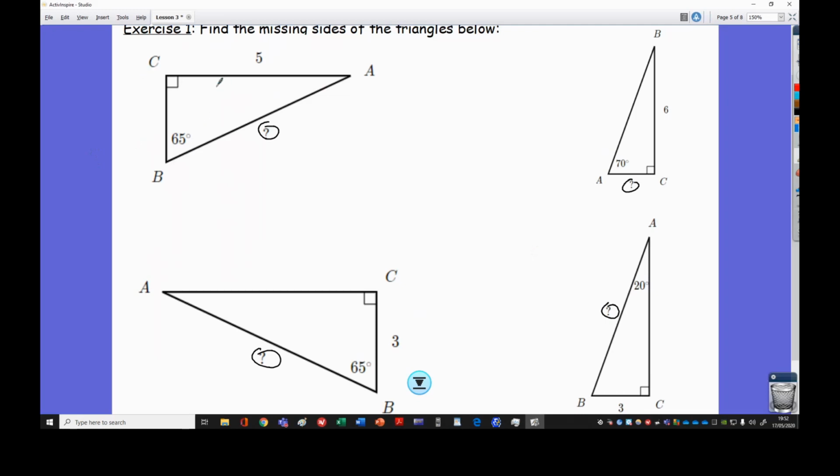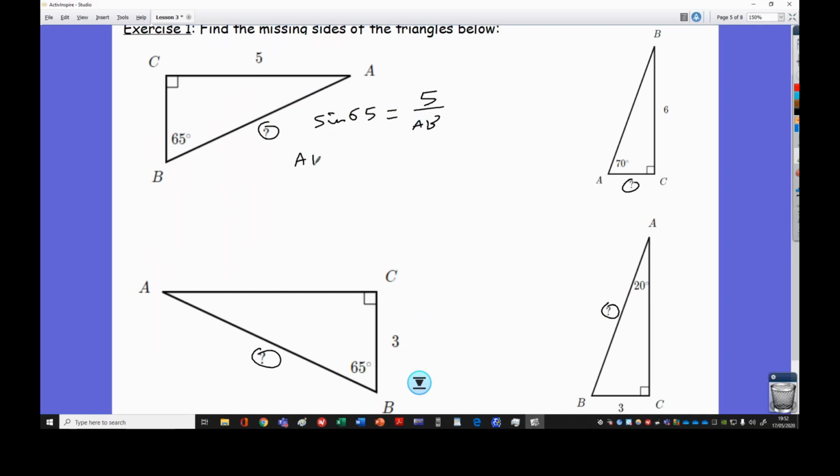Okay, so for the first one, you should have sine 65 is equal to 5 over the unknown, which I'll just call AB because that's what it is.